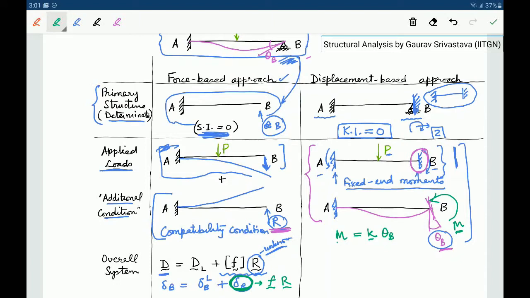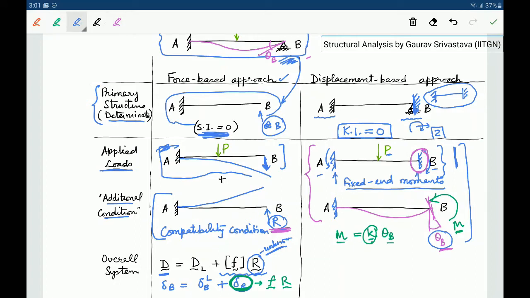Similarly, here the moment due to this applied joint rotation in the primary structure, we are writing as K times theta B, where K is the stiffness of the system, and we will discuss the stiffness in detail.